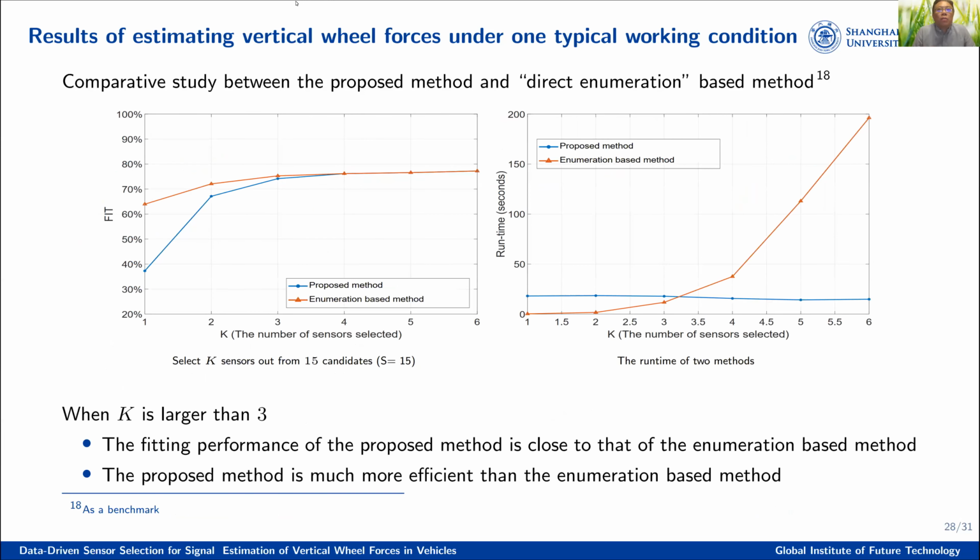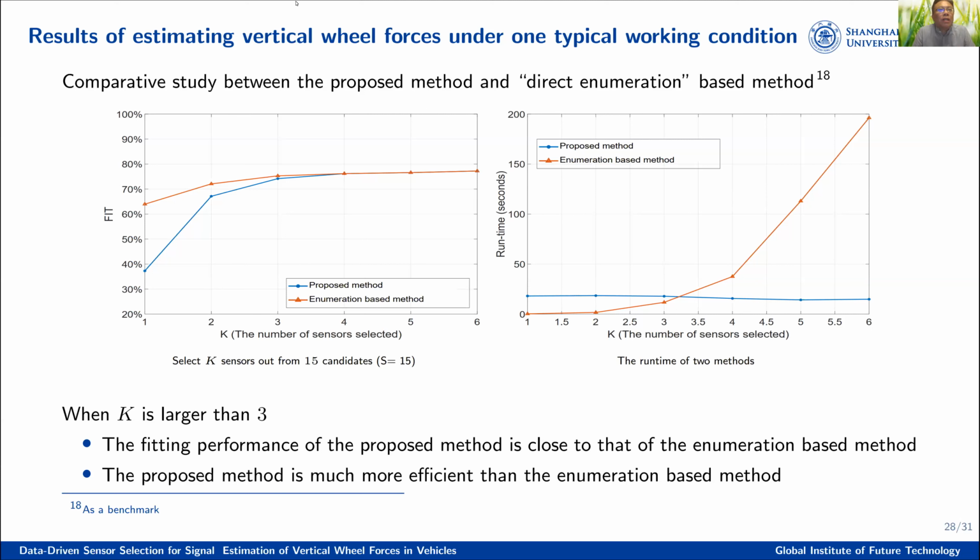Also, in terms of computational cost, the analysis we conducted compares, for example, the computational time, the running time, with the enumeration. When we look at those two figures shown here, for a case with k larger than 3, which is a typical situation compared to s equal to 15, for example, the fitting performance of the proposed method is very close to the enumeration-based method.